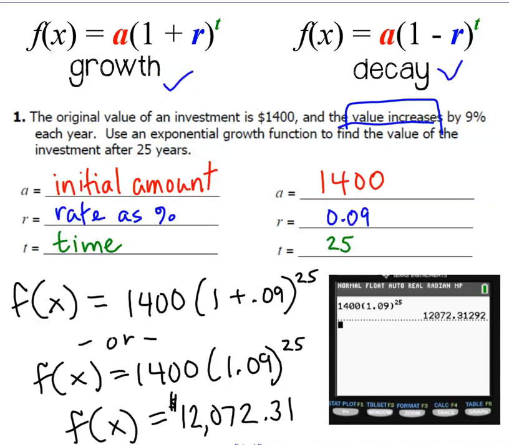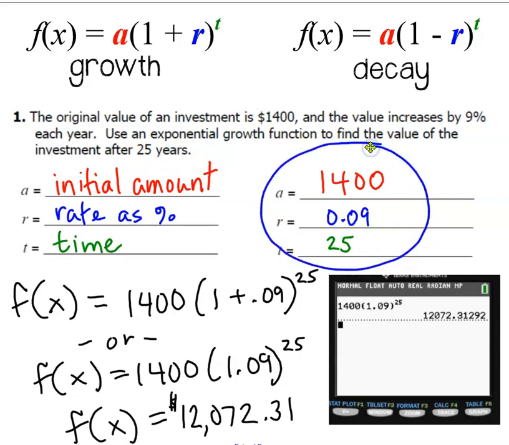So because it said increase, I'm going to choose the growth function. And because it says increase by 9%, I'm going to convert that value to a decimal number. Then I keep reading, saying that the exponential growth function to find the value of the investment after 25 years. So T is 25.